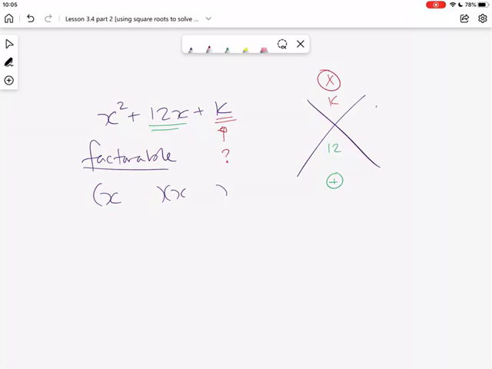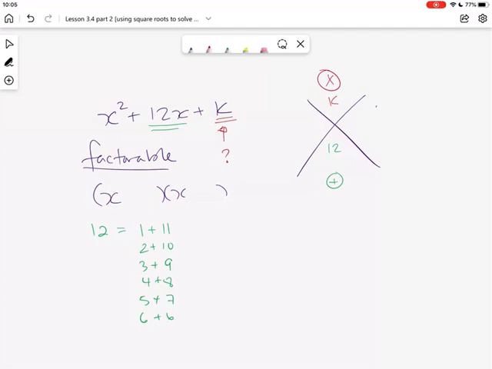Well, if we look at 12 and all the values that could be added together to give you 12, I know that when I multiply those numbers together, I should get k. So if I start looking for those numbers that create that sum, that would be a good place to start. So possible options could be like 1 plus 11, 2 plus 10, 3 plus 9, 4 plus 8, etc. So you get the drift here, right? So here's all my possible values.